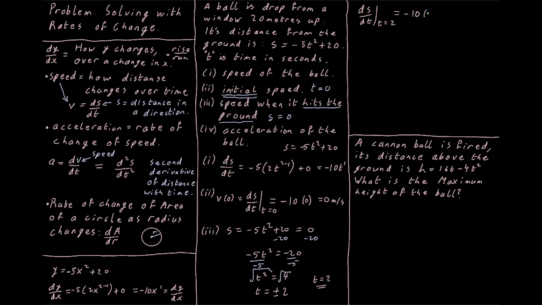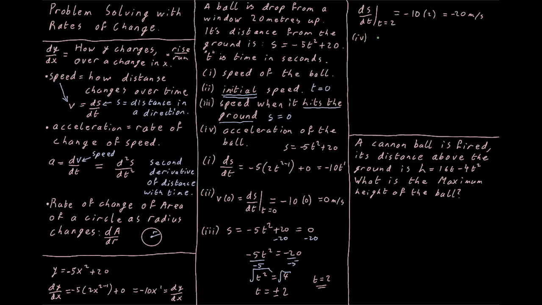So minus 10 times 2 is going to be minus 20 meters per second. So that is our speed when the ball hits the ground. We find out when the ball hits the ground, and then we use our velocity formula in terms of t to find out what the speed was at that time.